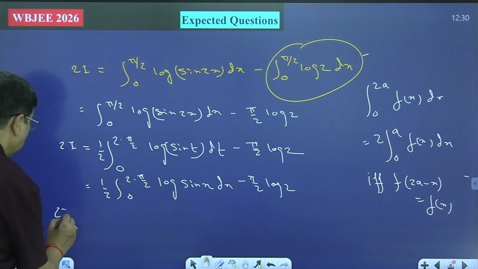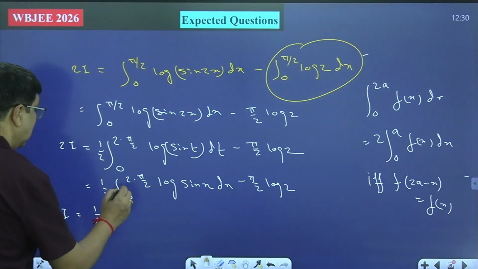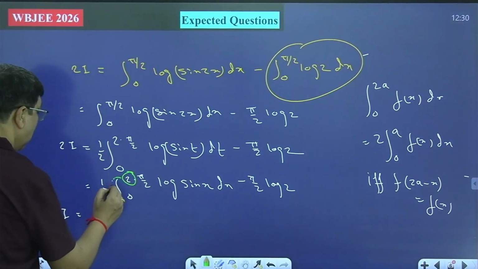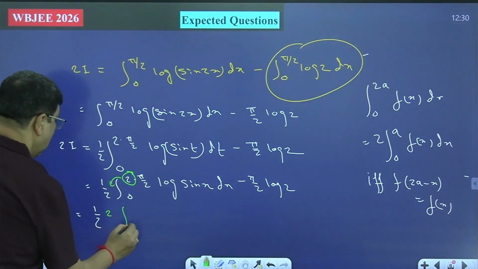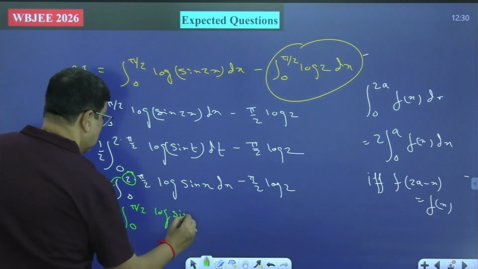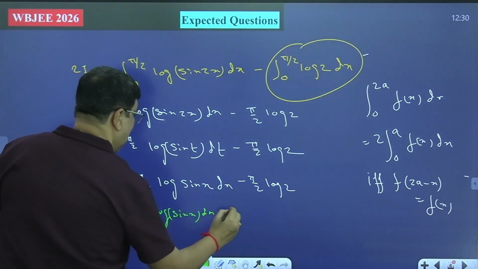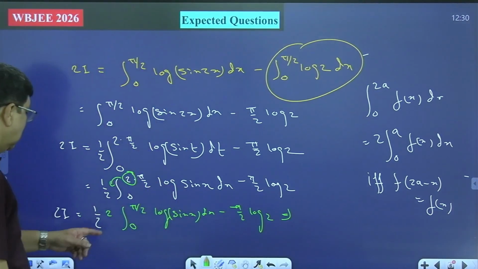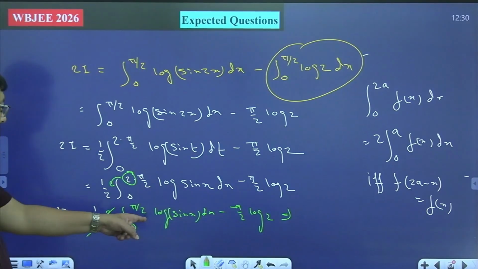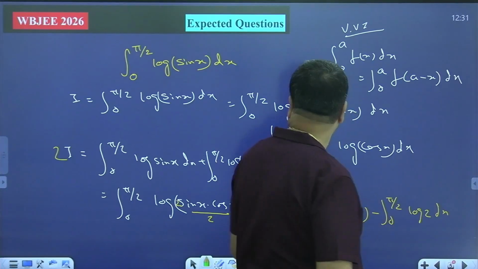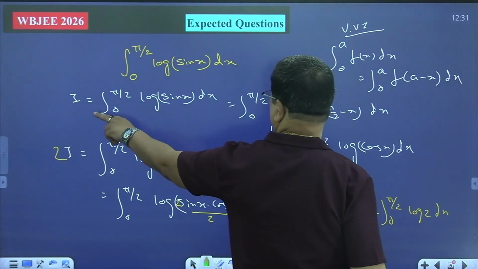Therefore, 2I equal to half, this 2 is coming out. So half into 2, integral from 0 to pi by 2 of log of sin x dx minus pi by 2 log 2. So this 2 and half are getting cancelled. This is what I have already taken as I, with sin x, as I can show you previously.